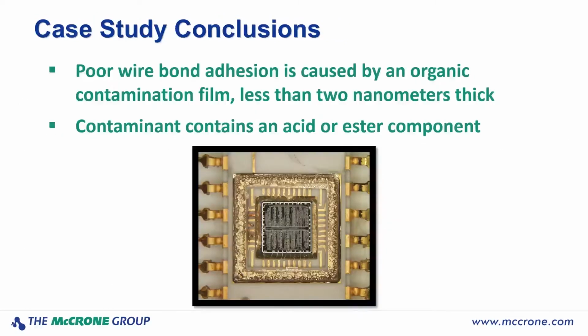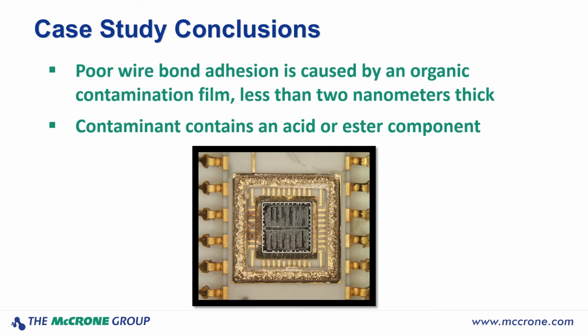To summarize the results from our experiment, we were able to determine that the poor wire bond adhesion on these aluminum pads is caused by a contaminant. It's organic in nature, and it does contain an ester or acid functional group. It's less than 2 nanometers in thickness, and it's very consistent.